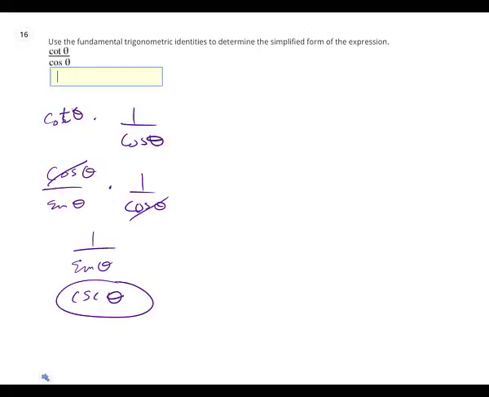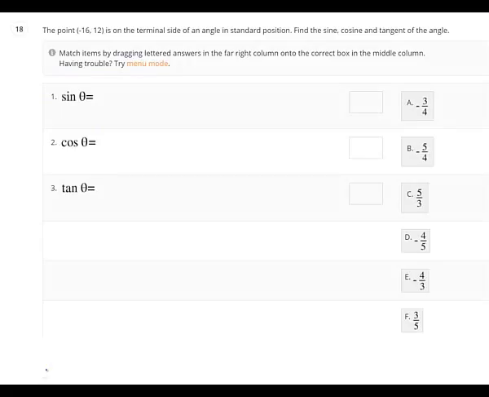18? Alright, so 18 is a matching problem. It gives us a point and we have to find the other values, okay? So I'm going to draw the triangle. So it says, oh, the point is negative 16.